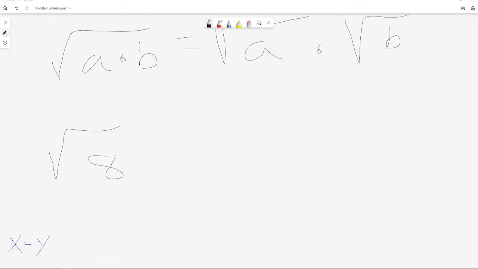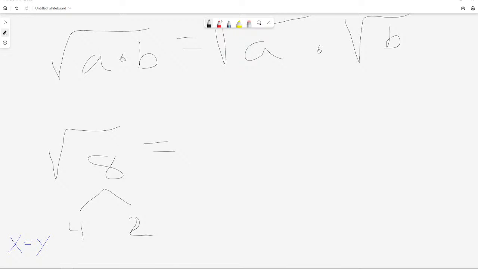So we can break this down to a product of perfect squares, though. Remember when we broke things down before, what does 8 break down to? 4 and 2. Okay, those are both perfect, or I forgot the term. Darn it. Guess you're not learning from me.